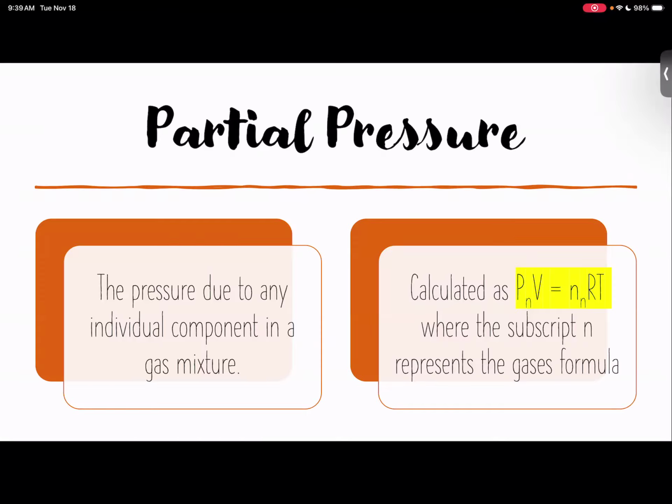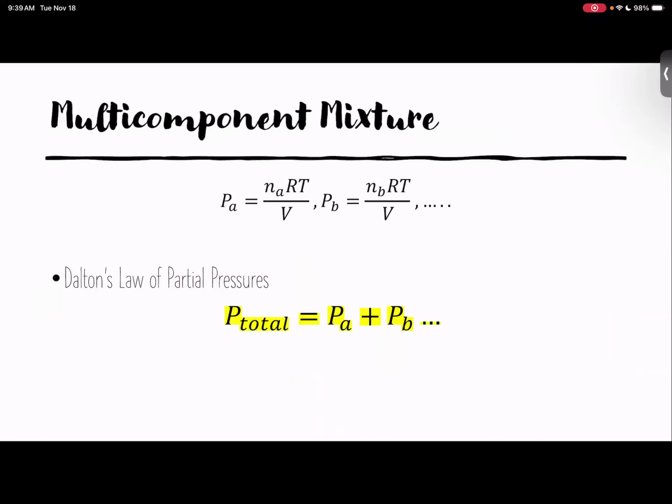That would be the ideal gas law for a very specific component. The second arrangement is Dalton's law of partial pressure, where the total pressure is equal to the pressure of component A plus the pressure of component B plus however many components there are.